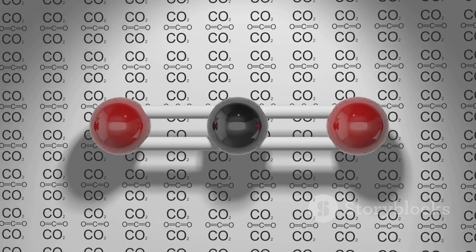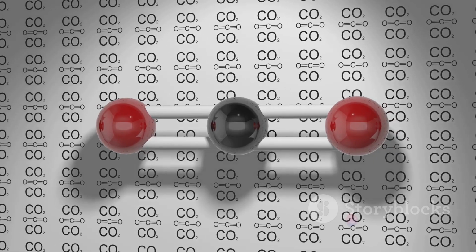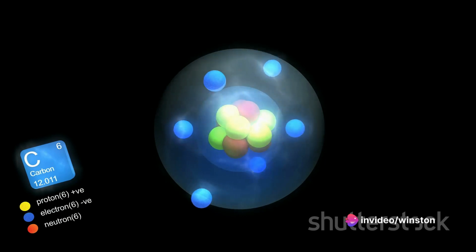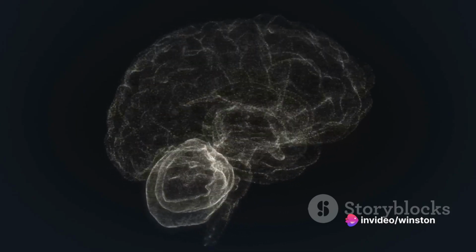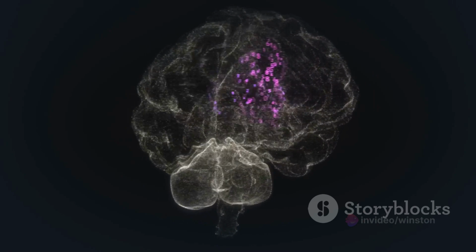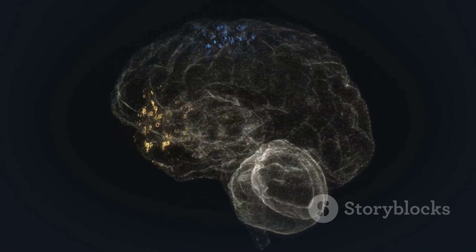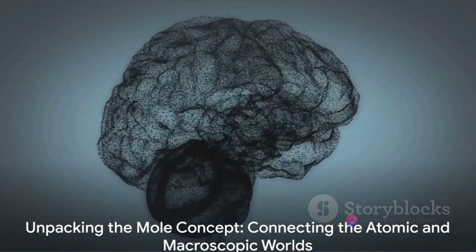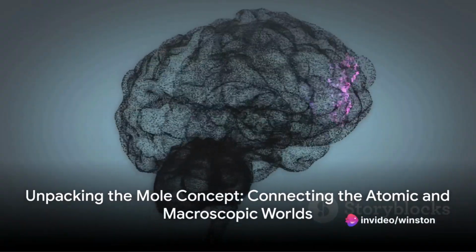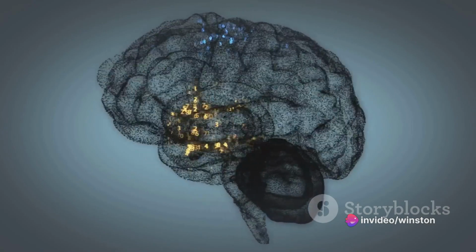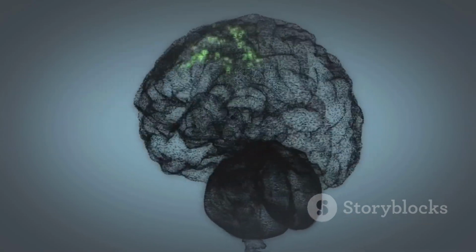But that same mole also tells us there are roughly 6.02 times 10 to the power of 23 carbon atoms in those 12 grams. Isn't it fascinating how the mole concept connects the atomic scale to our everyday life? It's like having a translator that speaks both Atomese and human. And that, my friends, is the magic of the mole in chemistry. In other words, a mole is the bridge between the atomic world and the macroscopic world we live in.